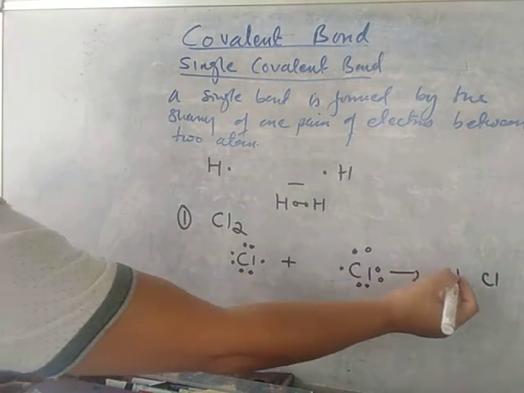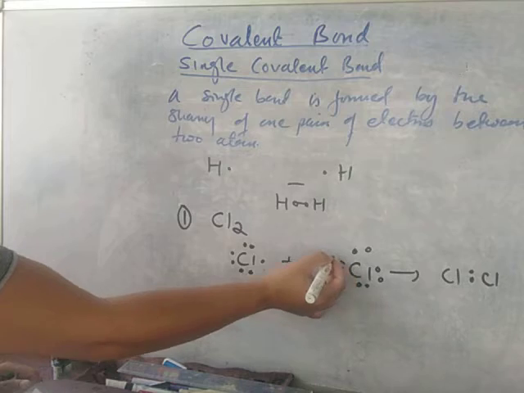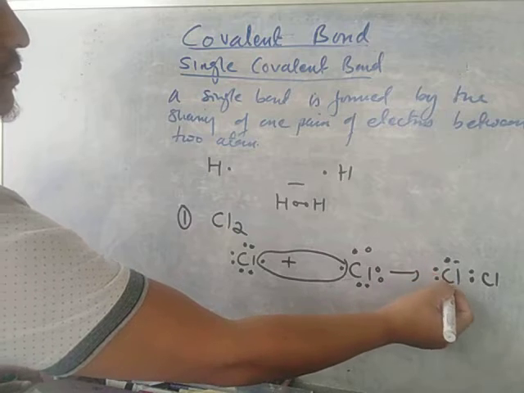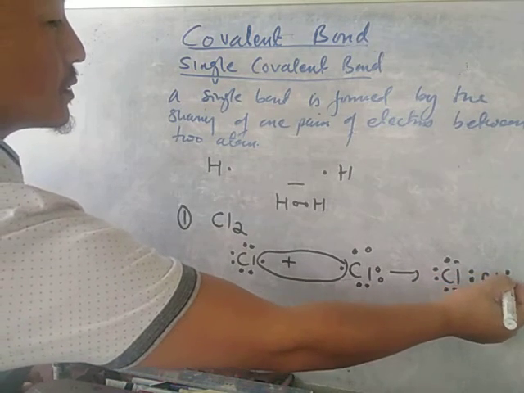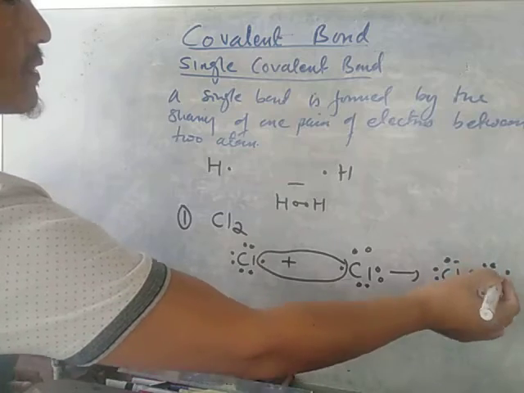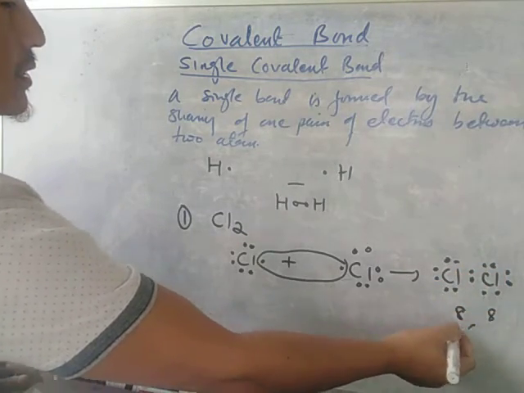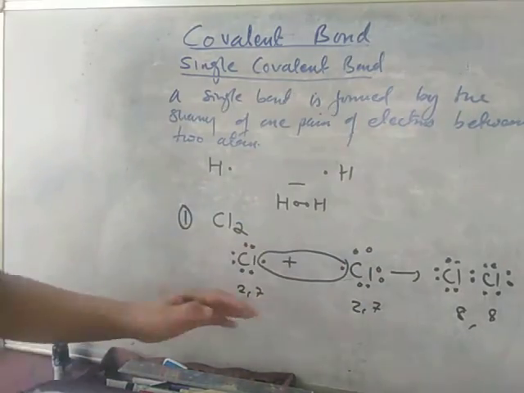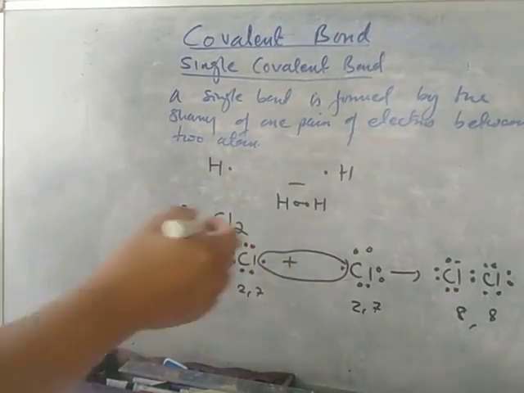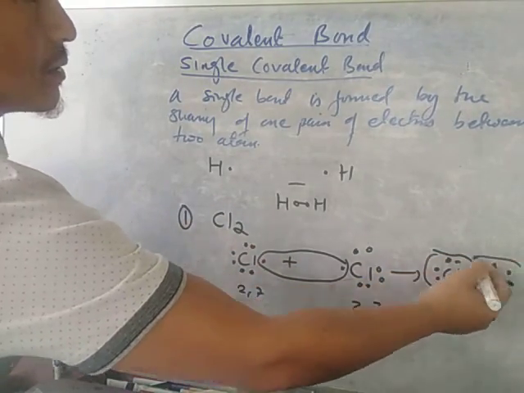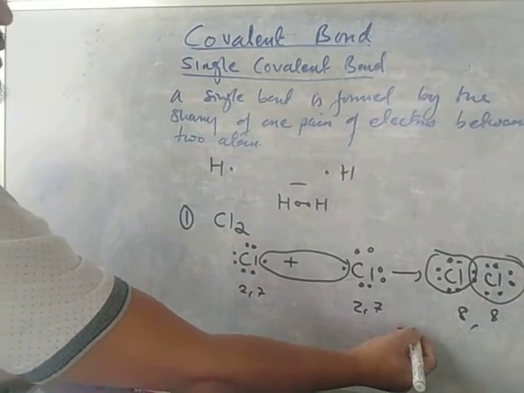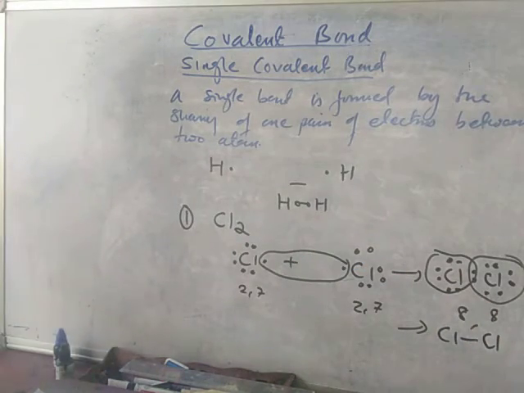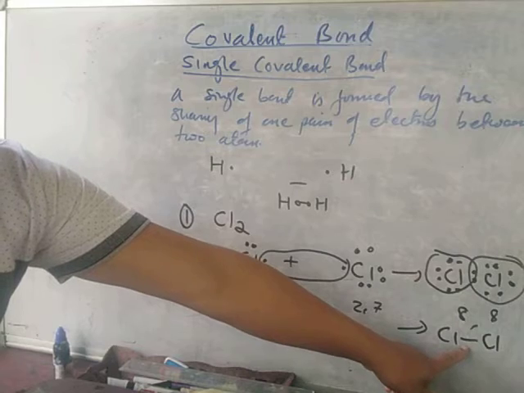So these two are sharing electrons, and they form one bond. Now 1 2 3 4 5 6 7 8, and 1 2 3 4 5 6 7 8. Now configuration is 8, 8. Before it was 2, 7. So it wants to go with inertness, so 8, 8. You'll get Cl single bond Cl. This is a single bond, one pair of electrons.